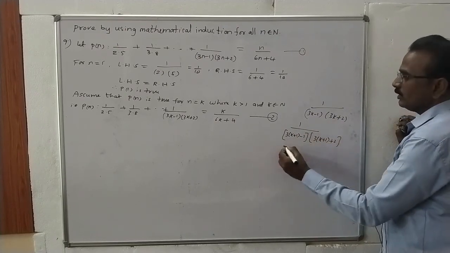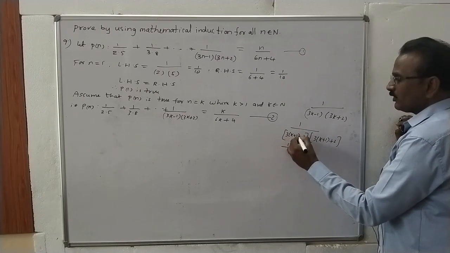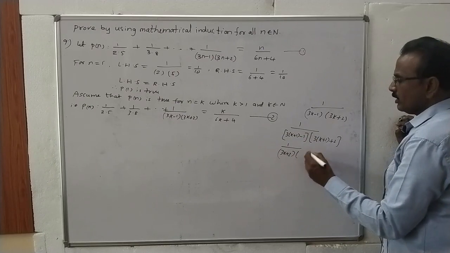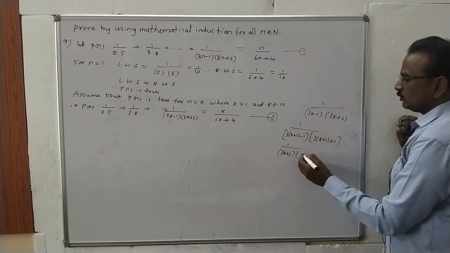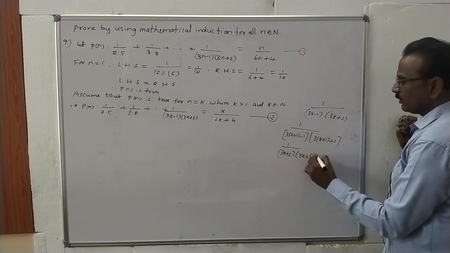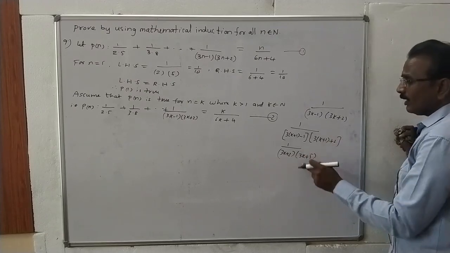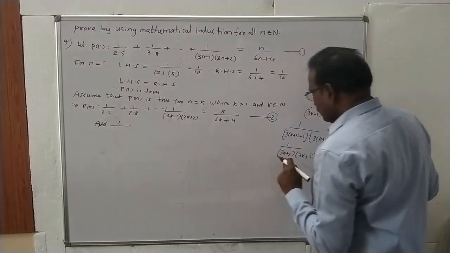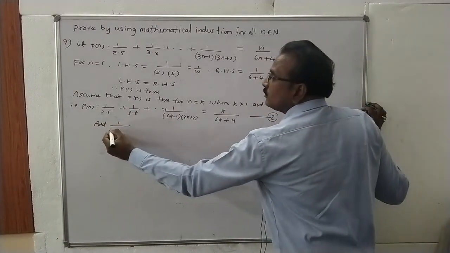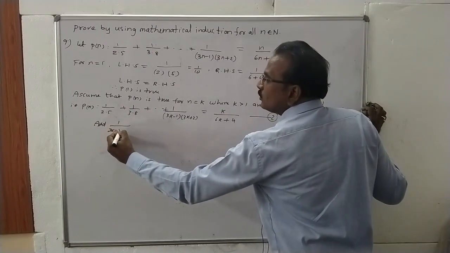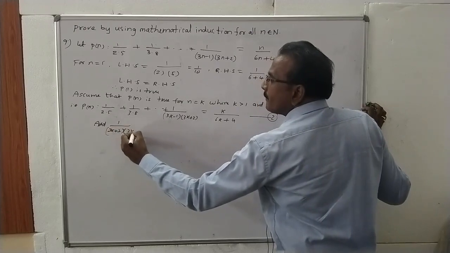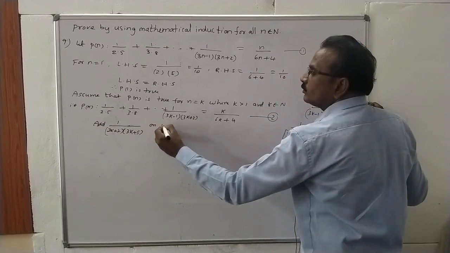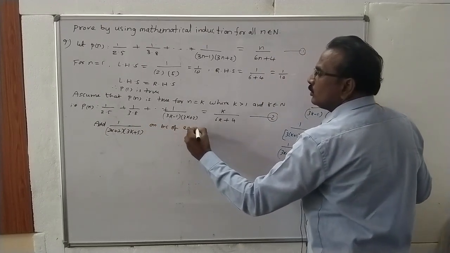That is 1 by 3k plus 3 minus 1, that is 3k plus 2, and 3k plus 3 plus 2, 3k plus 5 is the second. Therefore add 1 divided by 3k plus 2 into 3k plus 5 on both sides of equation 2.